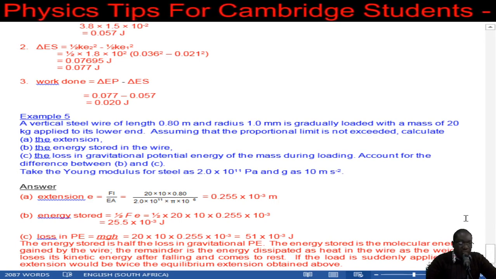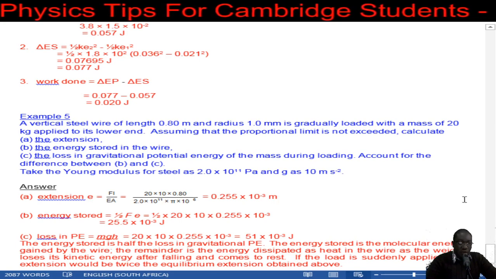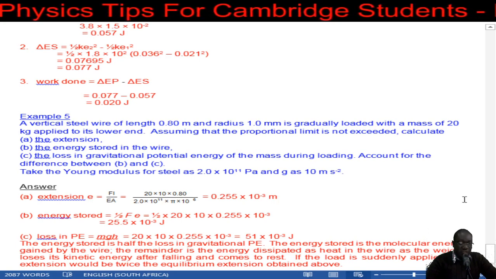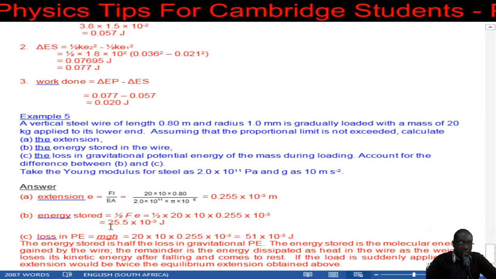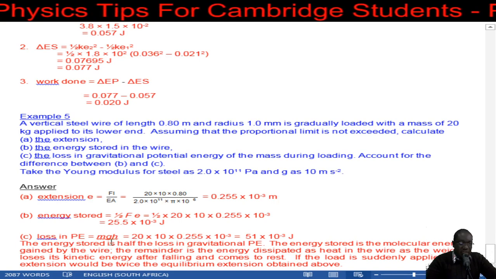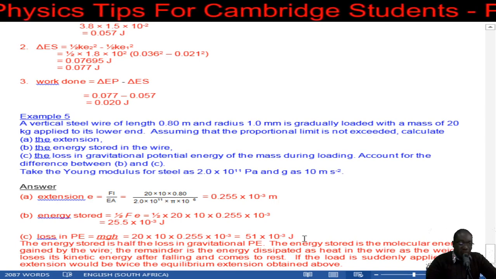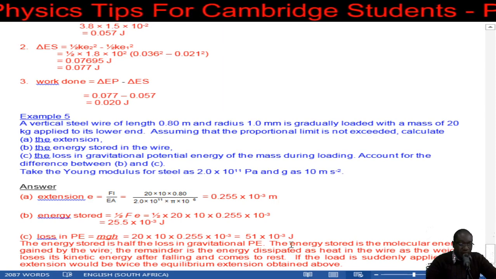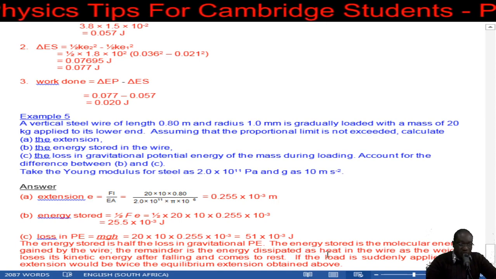Part C says the loss in the gravitational potential energy of the mass during loading accounts for the difference between B and C. So the loss in P.E. is equal to mgh, which is that. Then that gives you 51 times 10 to the power of minus 3. So the energy stored is half the loss in the gravitational potential energy.